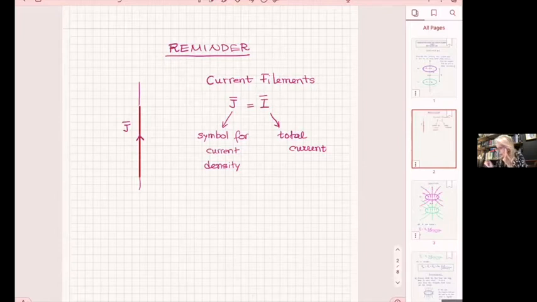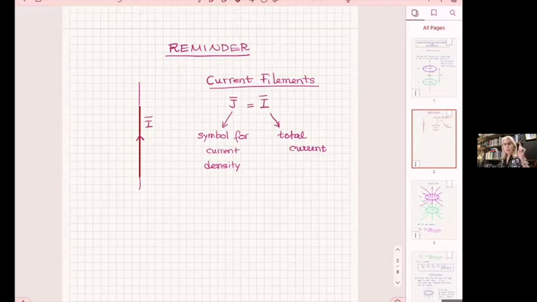And therefore, in current filaments, I, which is a total current, is equivalent to a J. Sometimes you will see it like J, sometimes you will see it like current. Whenever we have a current filament, we will always use an I, because we consider it like the point charge. A current filament is equivalent or the dual to a point charge.